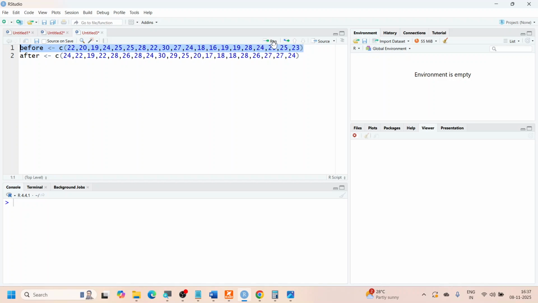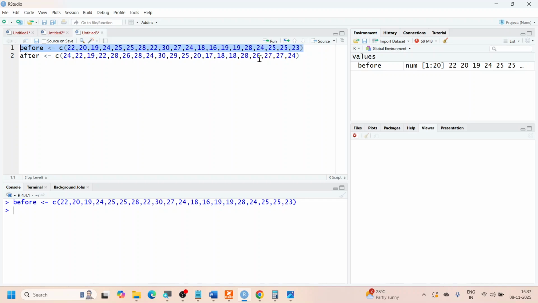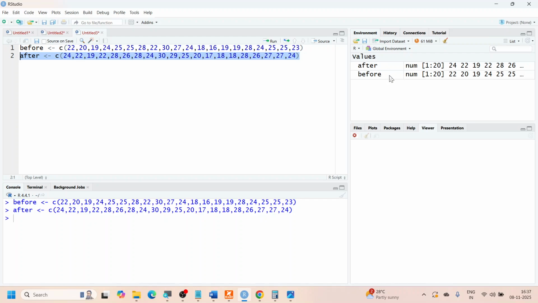Let me just run it, and I got the vector here, and the next value also I'm going to create as a vector. So before and after. Before is before the training, and after is after the training. Let us create a data frame for these two values. So how do you create the data frame? I'm going to call this one data.